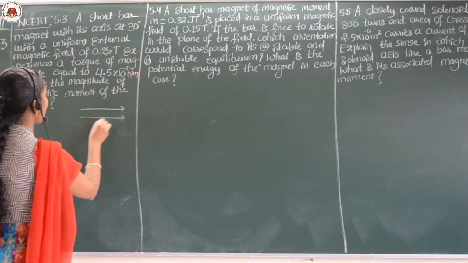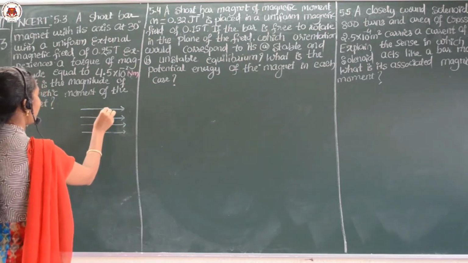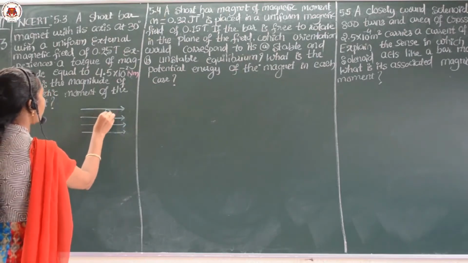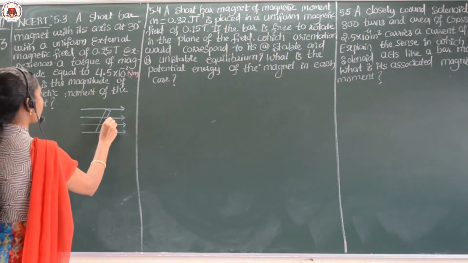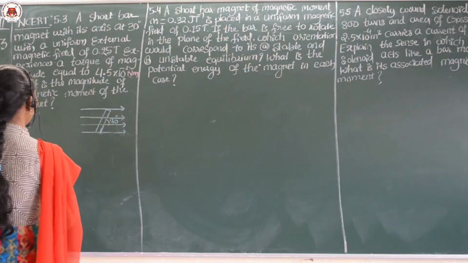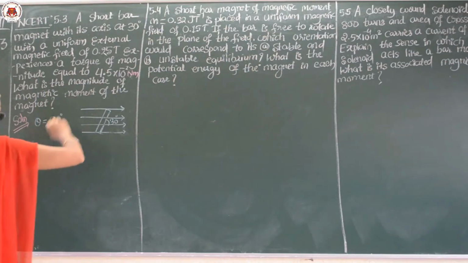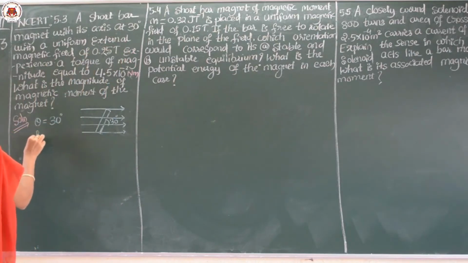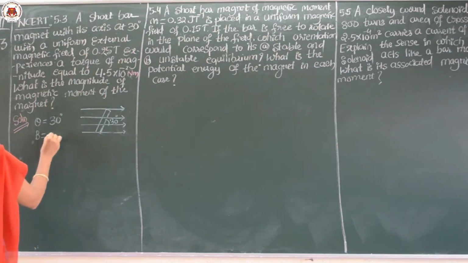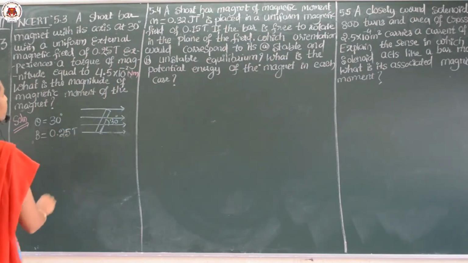This is the uniform magnetic field, and there is one small bar magnet which makes an angle theta equal to 30 degrees. I will write here the given data: theta is 30 degrees with the uniform magnetic field, that means B is equal to 0.25 Tesla, right?